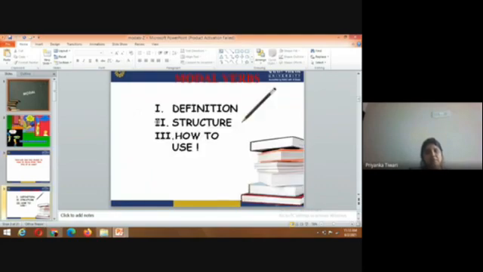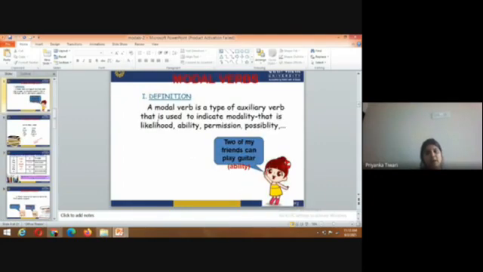Definition, structure, and how to use it. A modal verb is a type of auxiliary verb that is used to indicate modality, that is likelihood, ability, permission, and possibility. Two of my friends can play guitar. That is ability.